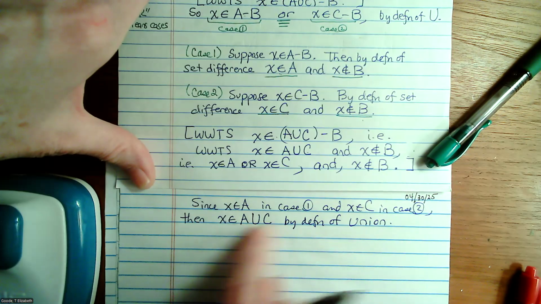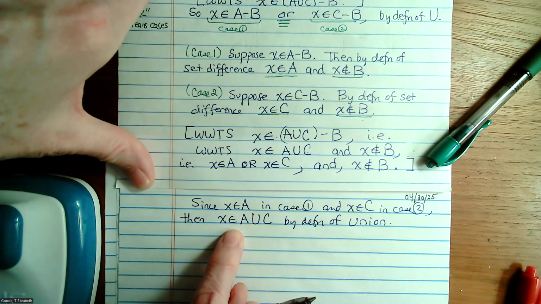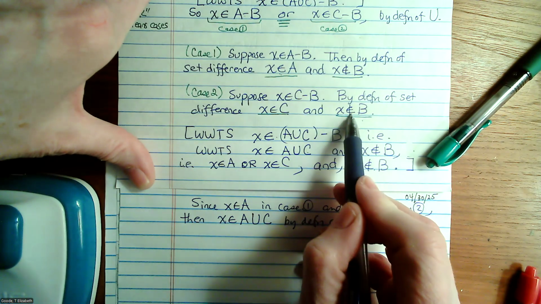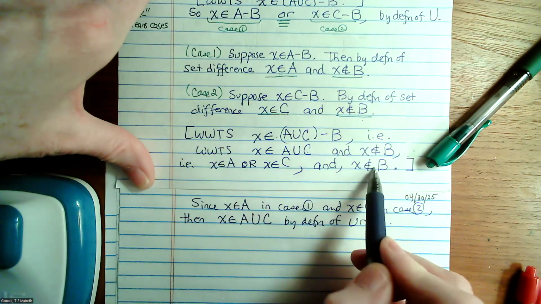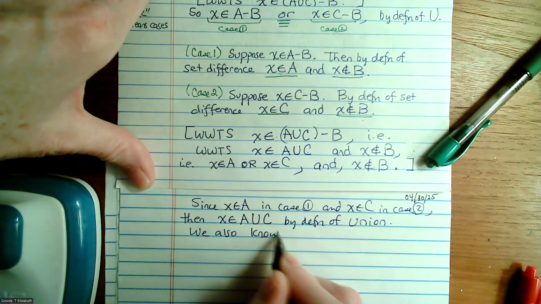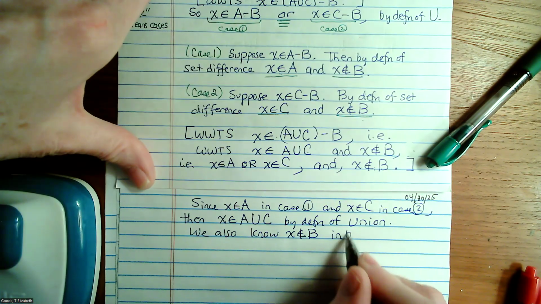So we've got in both cases that we had enough to get X into A union C. But also in both cases, we still have that X is not in B.